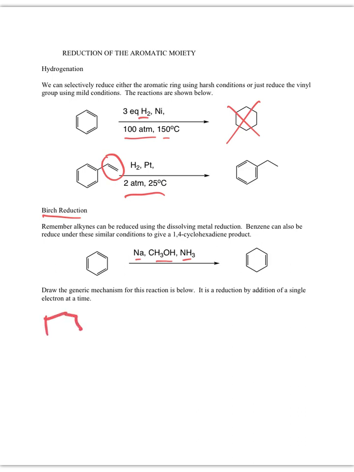So if we were to draw a generic mechanism for this, we have that one electron that gets pushed into the aromatic ring, and we have to move the electrons around the ring. So that gave us an anion on one carbon and the radical on the other.